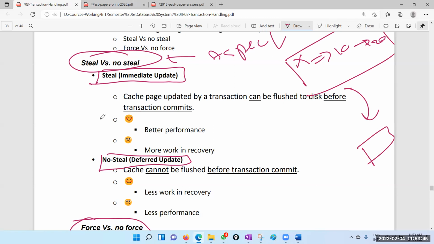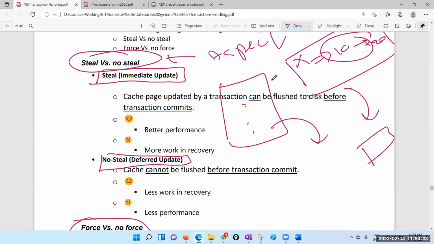So then someone will ask, why do you want to do that? Because maybe that particular page is supposed to be written back to the disk because it has been there for some time. So if it is still uncommitted, those values will also be written back to the disk.